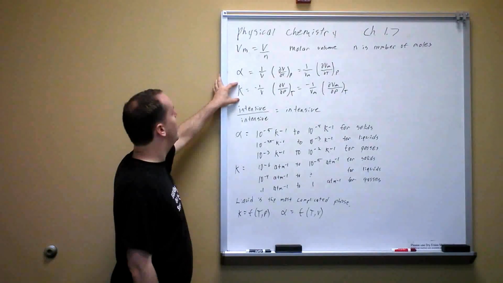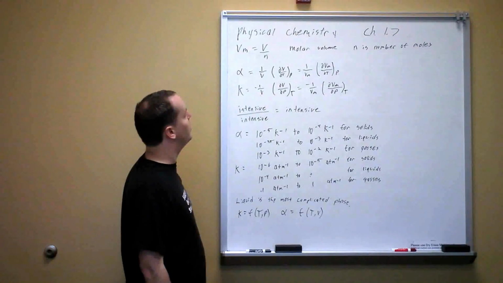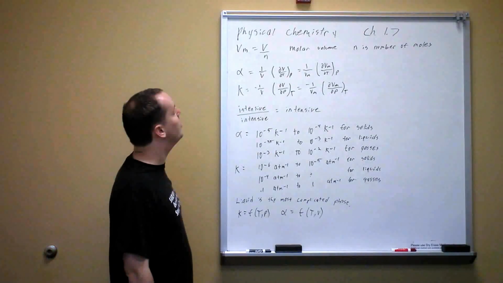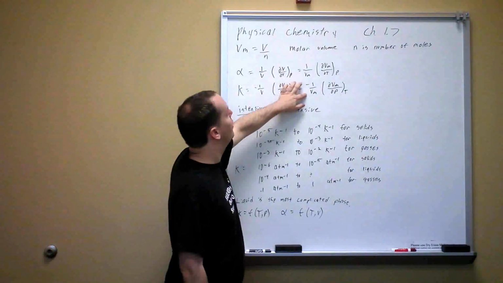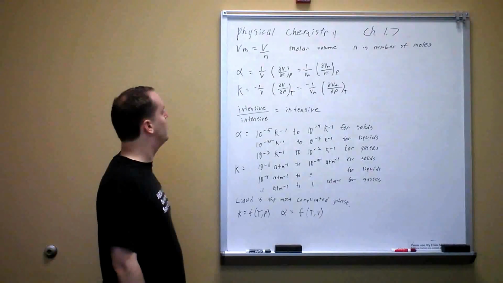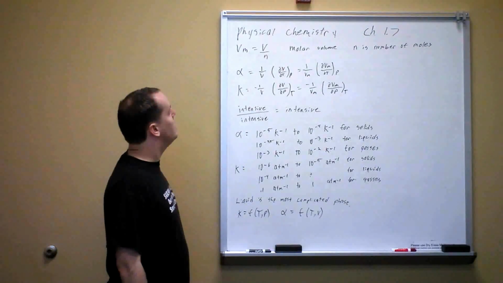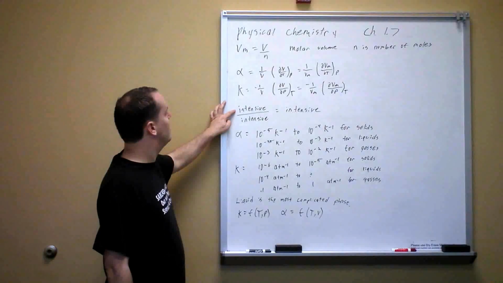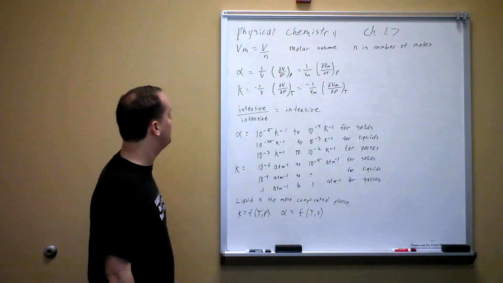Likewise, kappa, we define as minus 1 over V times the derivative of volume with respect to pressure at constant temperature. But again, if we, for some reason, had intensive quantities, then we'd have minus 1 over molar volume times the derivative of molar volume with respect to pressure at constant temperature. So our definition, we already had intensive quantities, but if you divide an intensive quantity by another intensive quantity, you still have an intensive quantity.